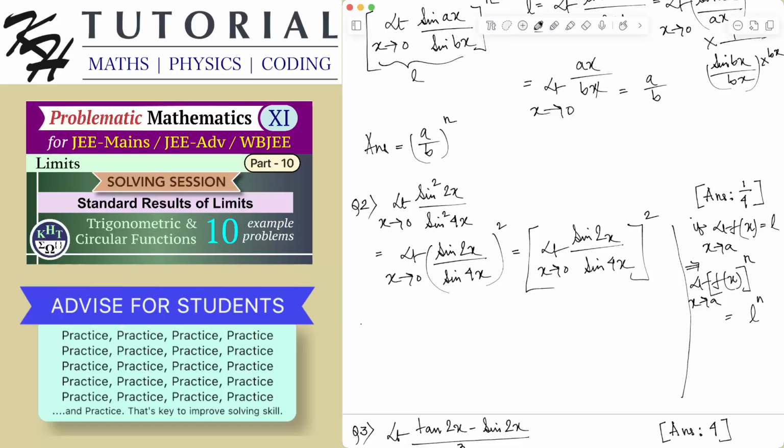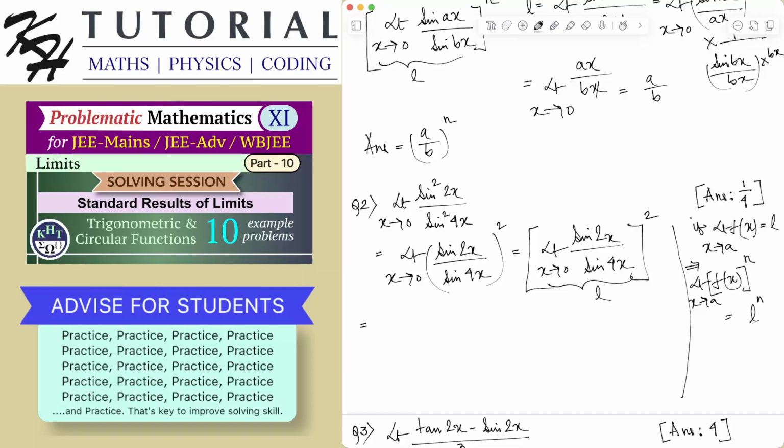So now let's say limit sin 2x by sin 4x when x tending to 0 be equal to L. Then the final answer will be L square. We have to find L.